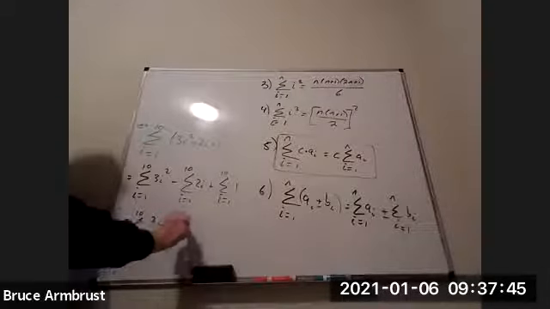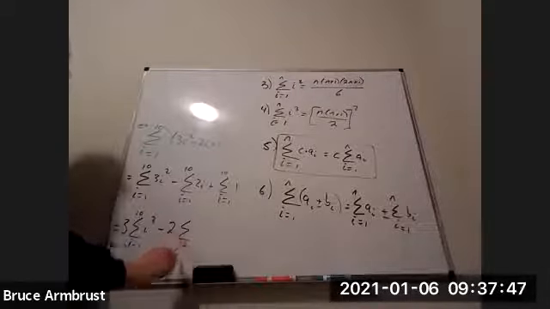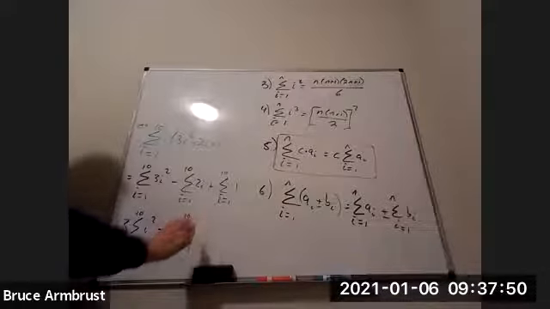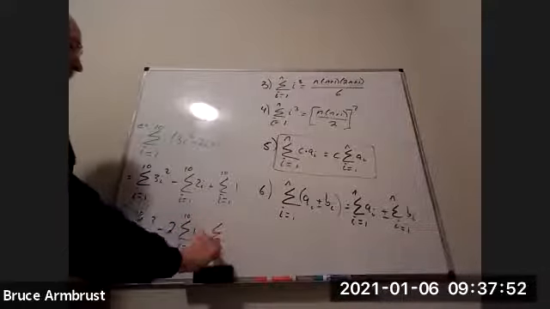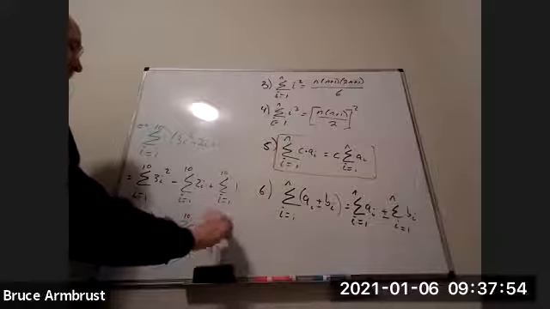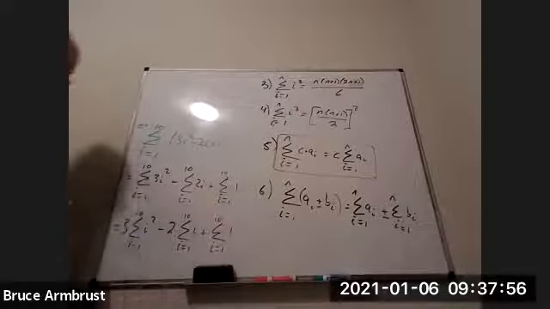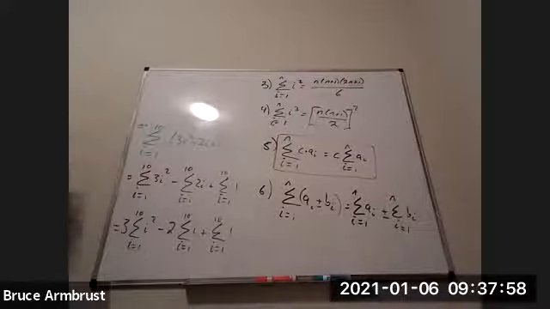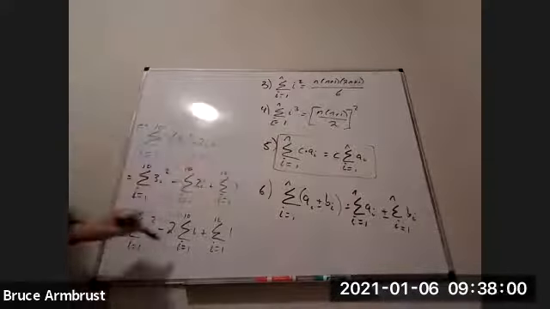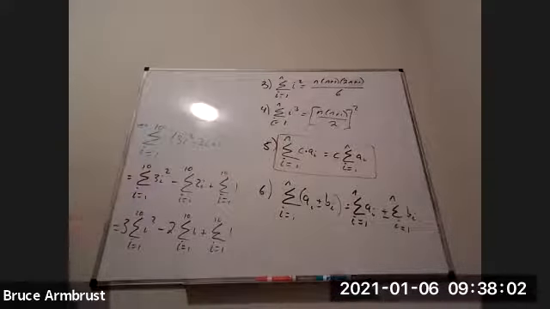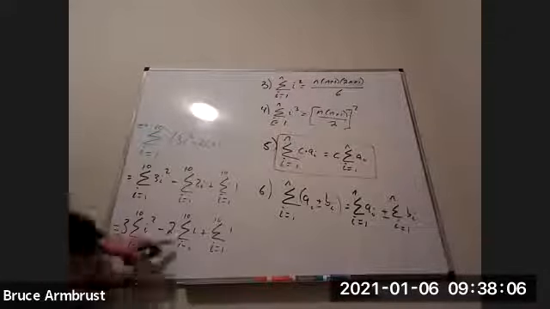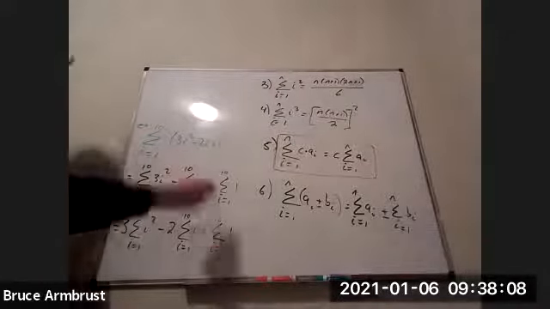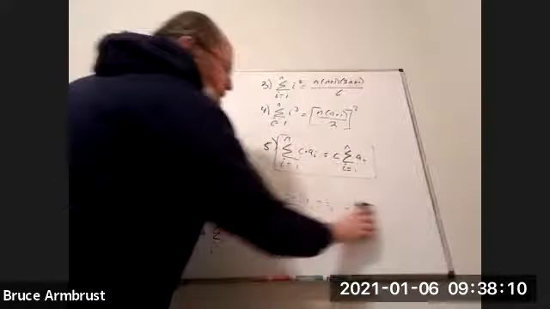So I get a -2 times the sum from 1 to 10 of the i's, plus the sum of the 1. So those were rules 5 and 6, just to get us here. But now let's actually evaluate the sums using the formulas.